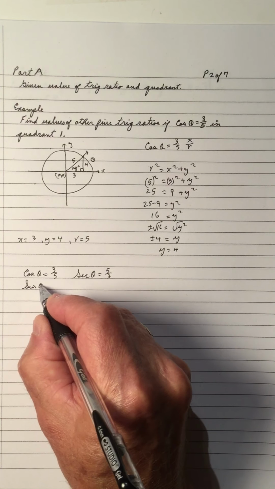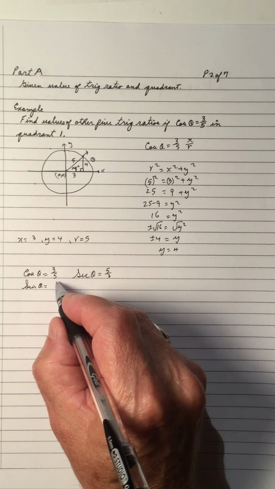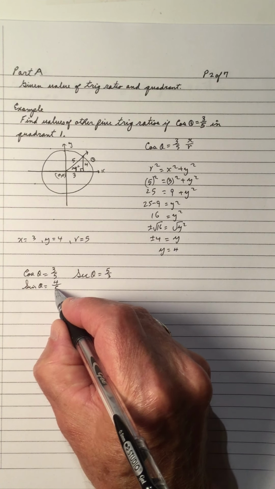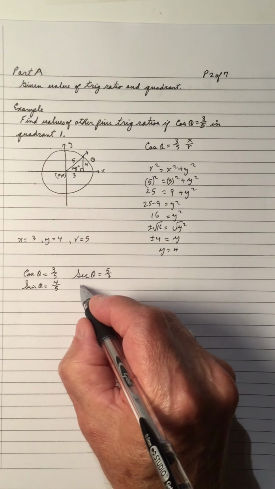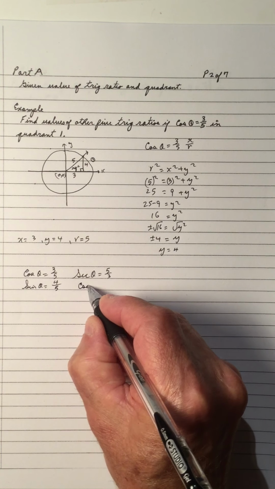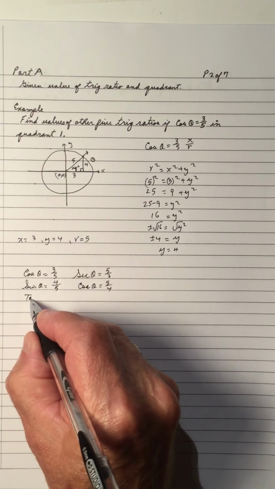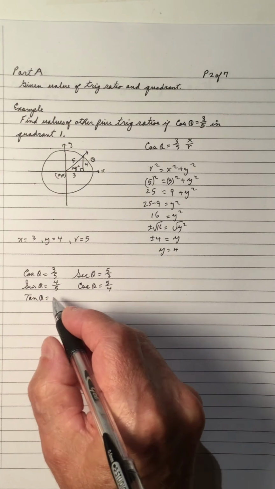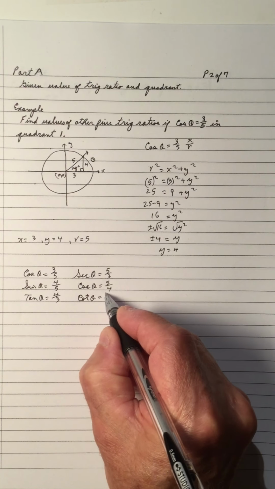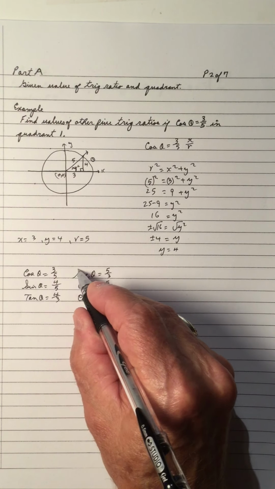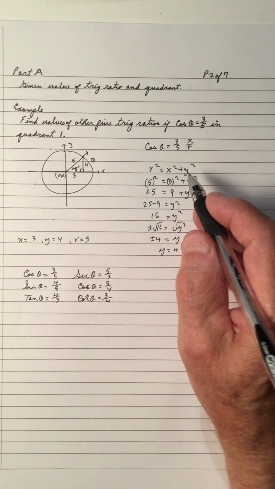The sine of theta is the y over the r, so it's 4/5. And the cosecant is the reciprocal, which is 5/4. And the tan of theta is the y over the x, so it's 4/3. So cot is the reciprocal, 3/4, or the x over the y. And that's how you work out the values.